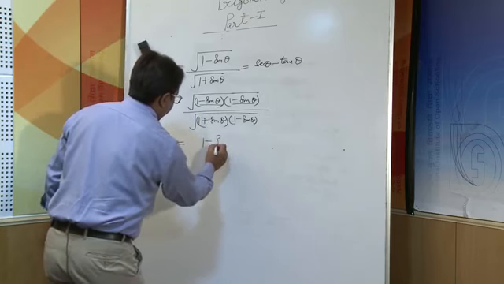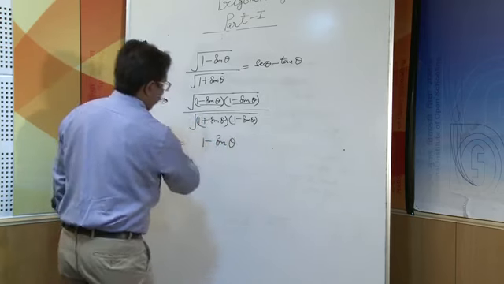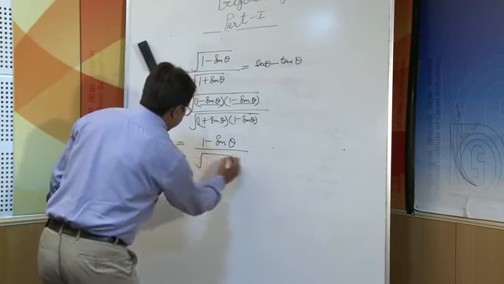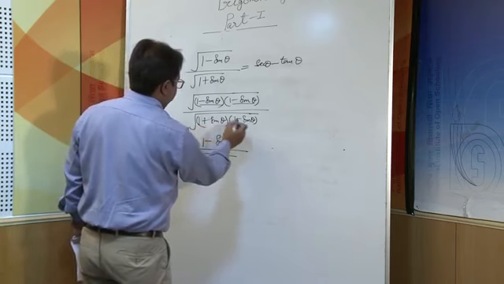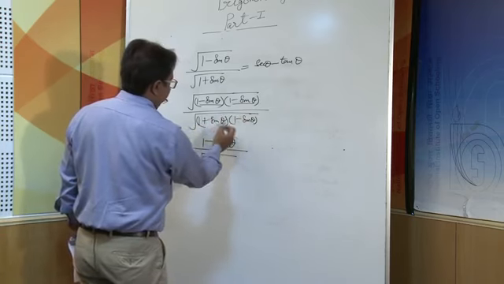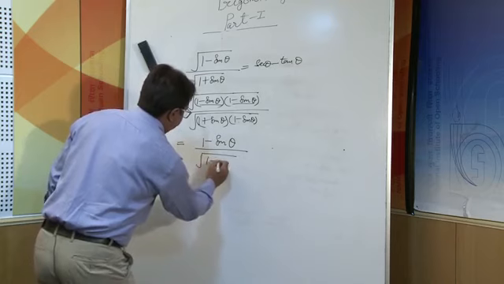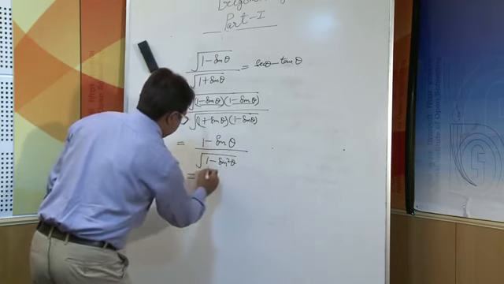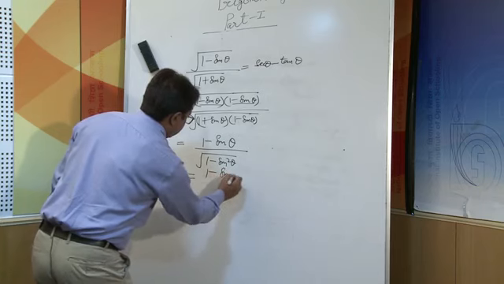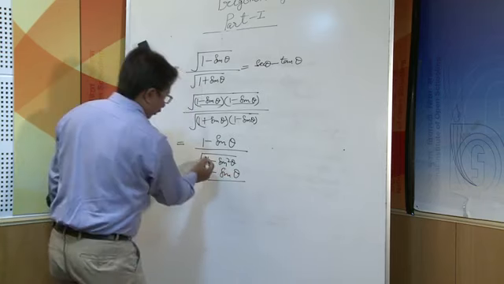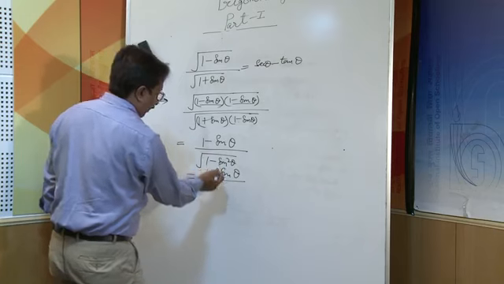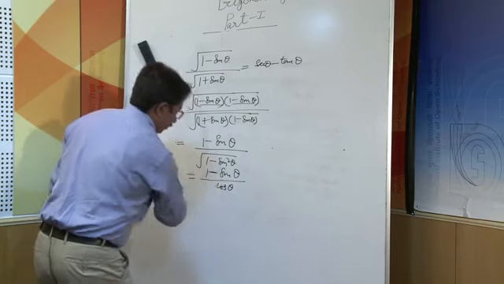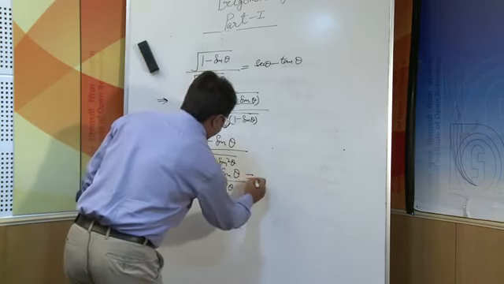So, under root will be removed and numerator becomes 1 minus sin theta. In denominator, we get 1 plus sin theta and 1 minus sin theta. When we multiply these two, we get 1 minus sin square theta. It is 1 minus sin theta upon under root cos square theta. So, after removing root, it becomes cos theta.